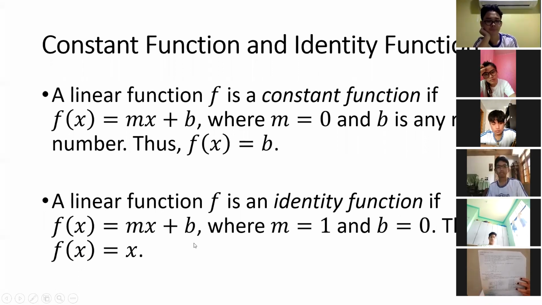That is simply to say. Now, what do you think is the graph of an identity function, having a slope of 1 and a y-intercept of 0, if the graph of a constant function is a horizontal line?